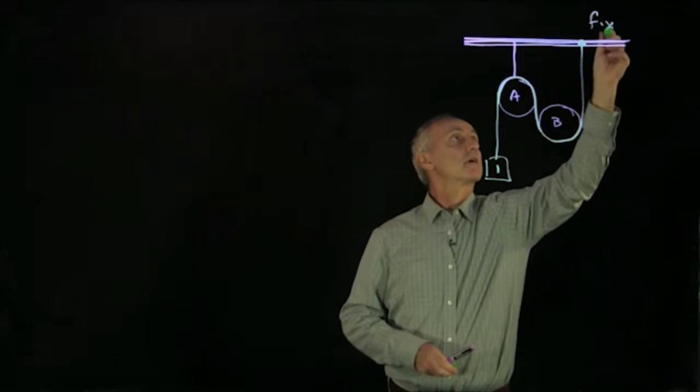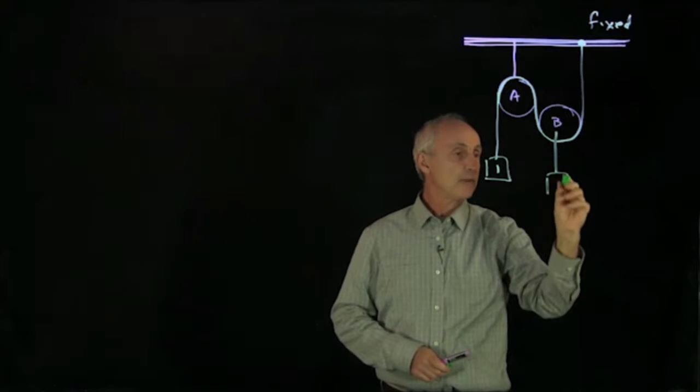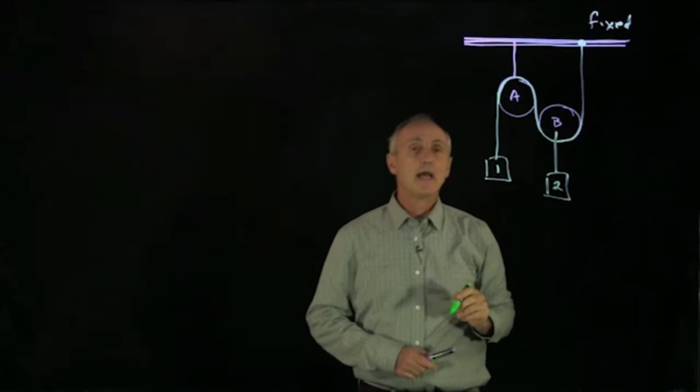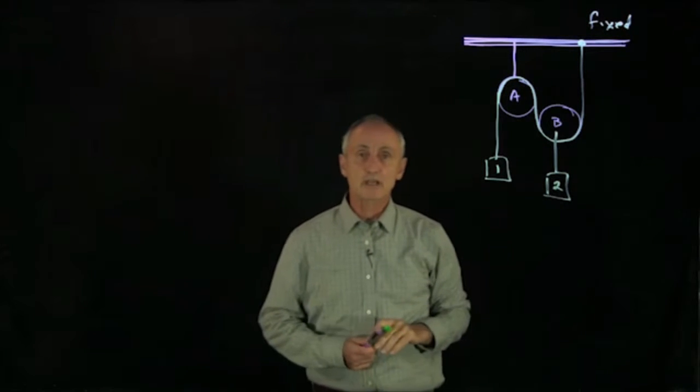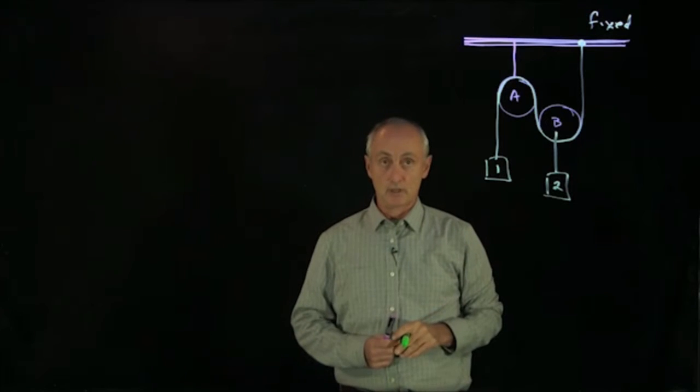So that's fixed. And hanging from pulley B is another mass 2. And our goal in applying Newton's second law is to find the accelerations of objects 1 and 2.